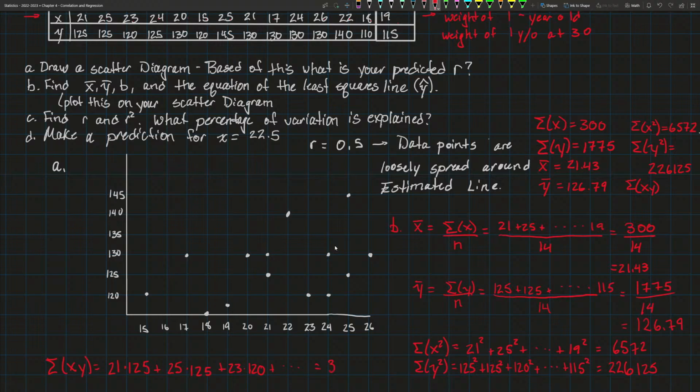So when we do that, we get 38,220. And then we have all the values that we need. Okay, so I'm gonna copy these down.